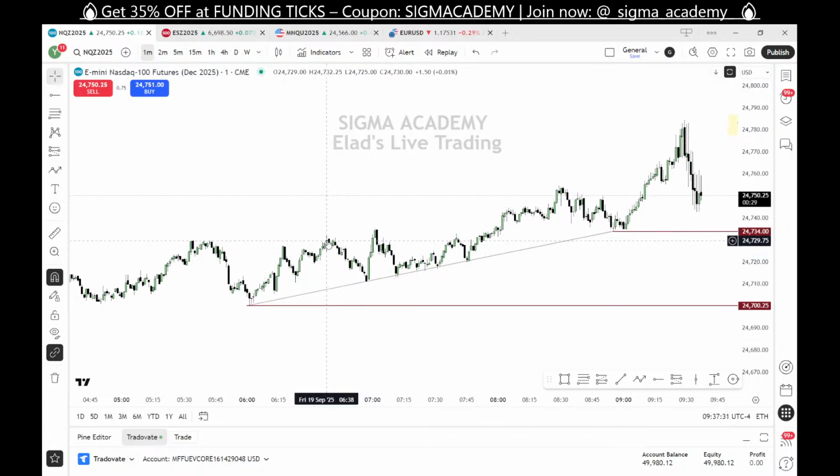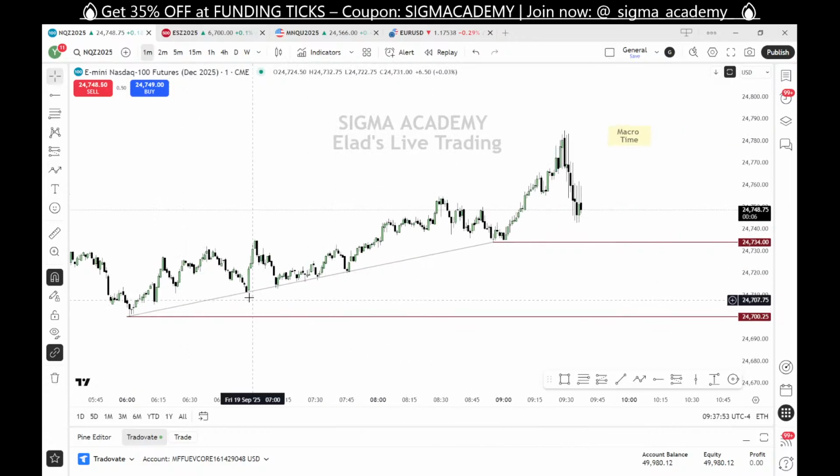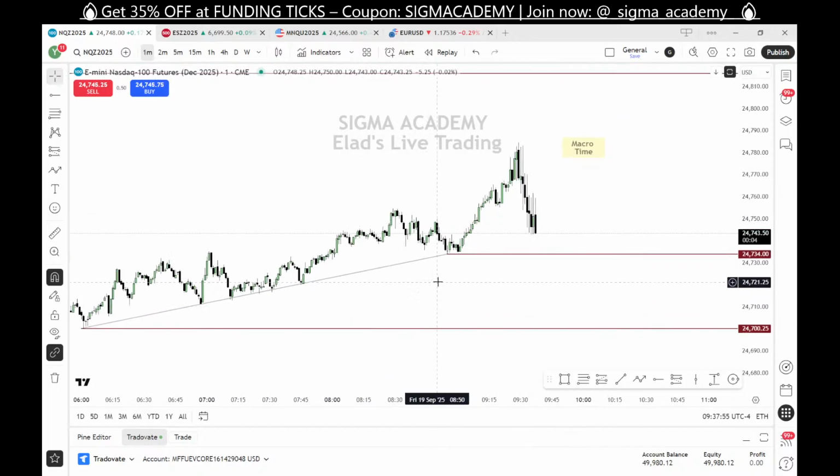See how much time it took from this leg to go from this high to this low? Around half an hour. And how much time we spent to go and attack this high? About 4 candles. This is speed.